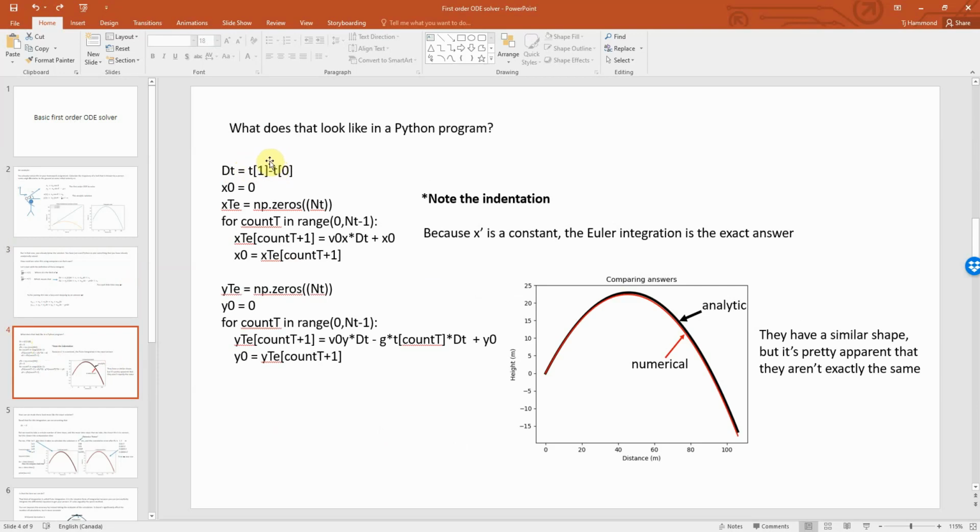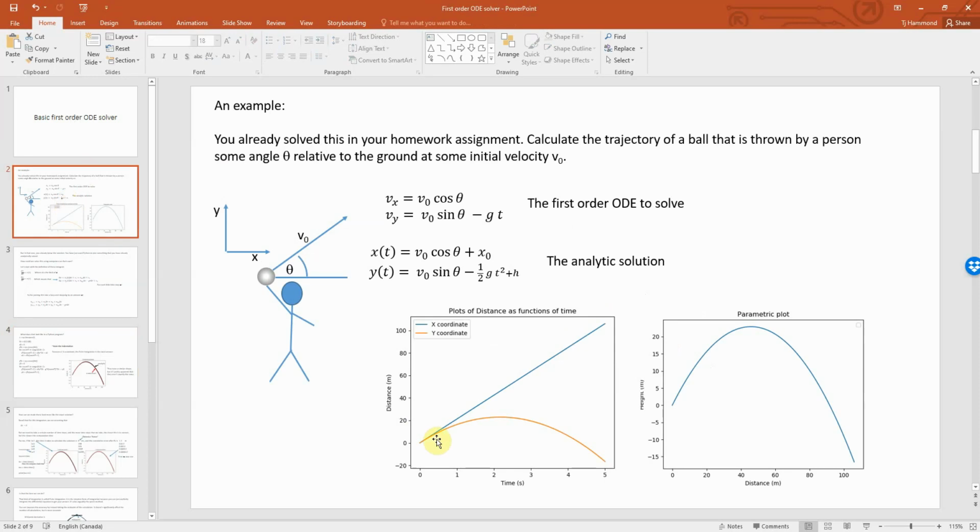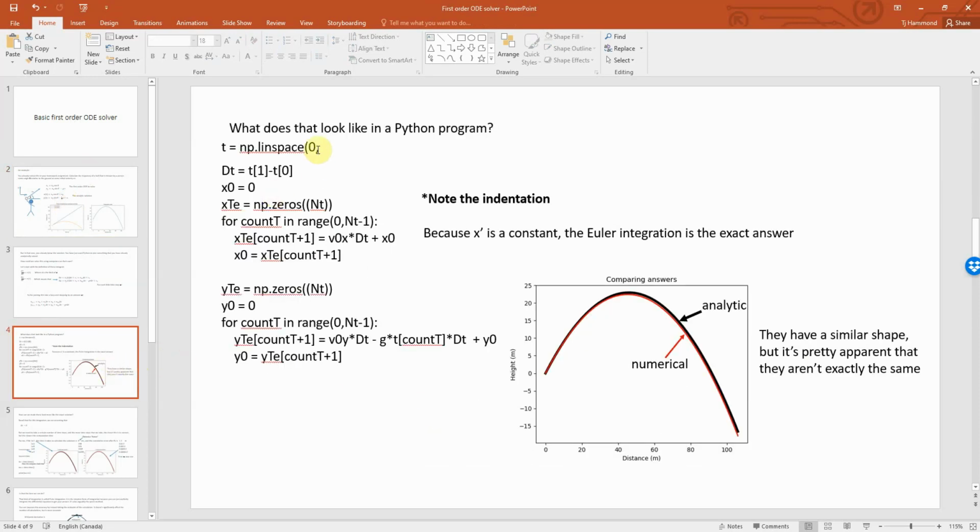So we've previously written that t is equal to np.linspace from 0 to, I don't know, what was the time that I had there, to 5.